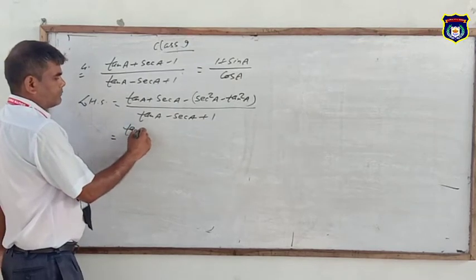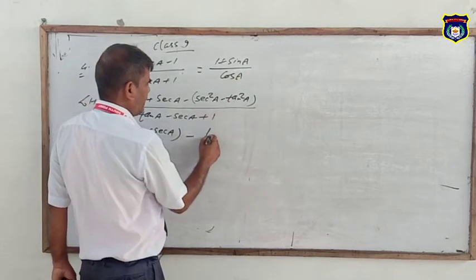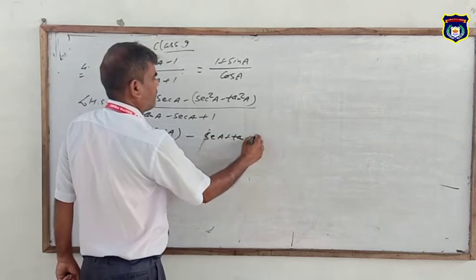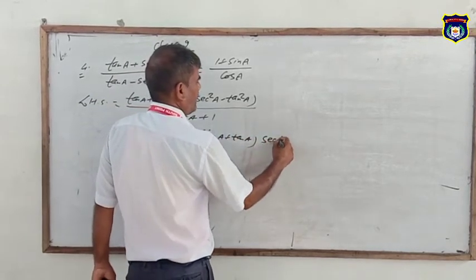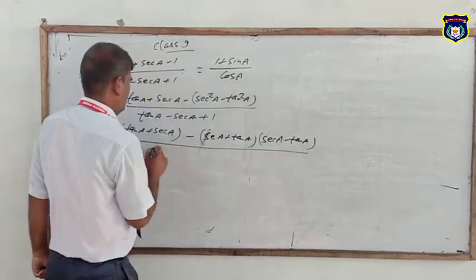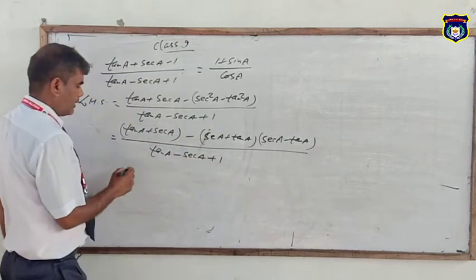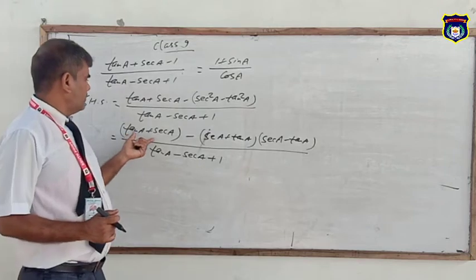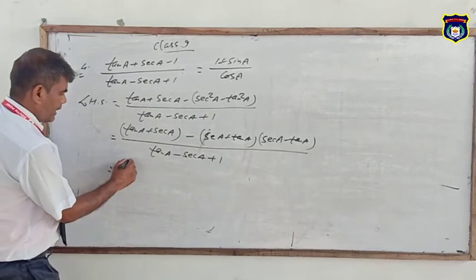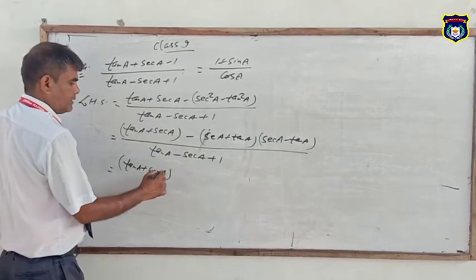Tan A plus sec A, and the formula of a square minus b square: (sec A plus tan A)(sec A minus tan A) by (tan A minus sec A plus 1). And now tan A plus sec A is common.